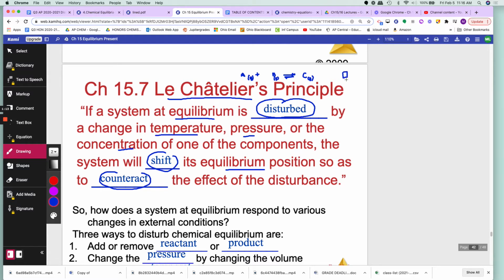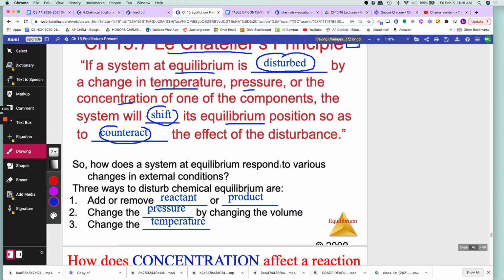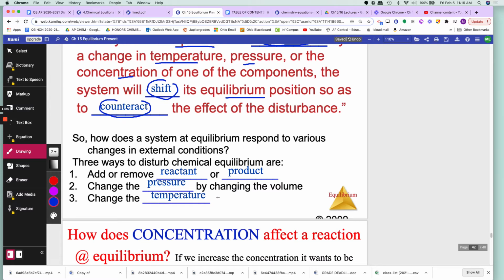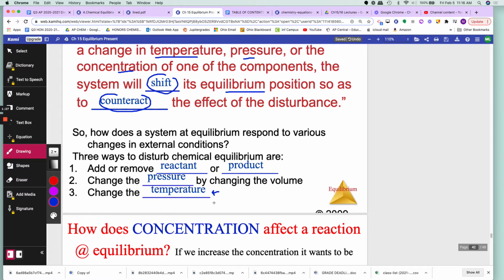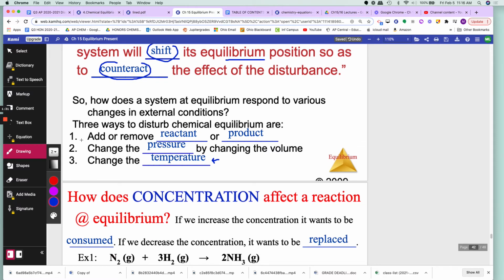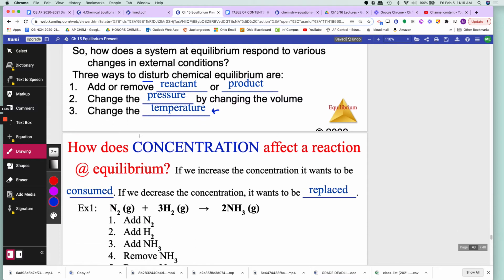If you decrease the container, there's more pressure inside. If you increase the container, there's less pressure inside because they have more room. You can also change the temperature, and this will affect a system whether it is endothermic or exothermic. So those three things are how you disturb a chemical at equilibrium.